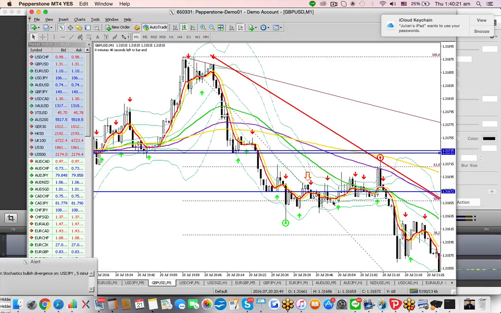And then what I would do from that point on is simply take a risk reward of 2 to 1. So this is my entry, this is my stop, that is about 6.3 pips. I'll have a TP about 12 pips down, thereabouts.